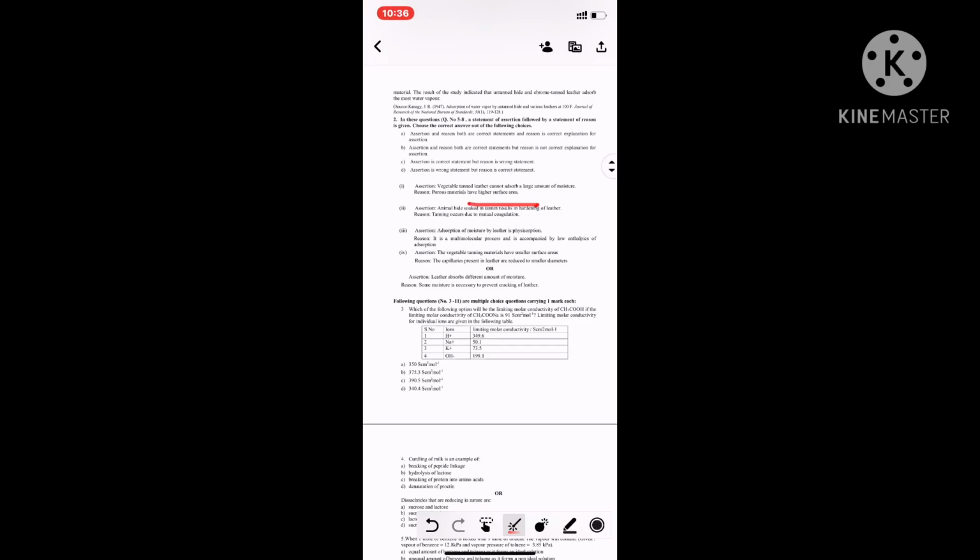Now assertion reasoning is going to be a little bit tougher for you. You have to practice assertion reasoning, because here you get confused between the 2 options and mark the wrong option rather than the correct one. So we have to practice assertion reasoning.